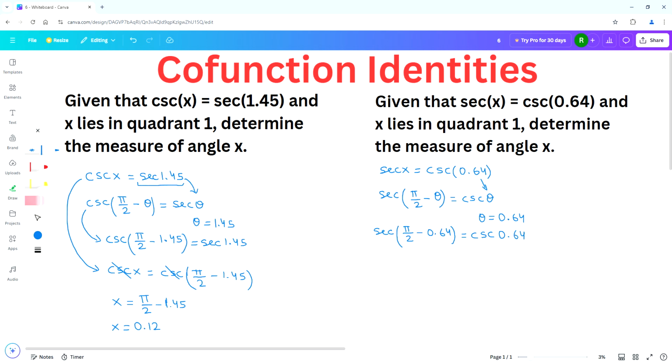As per this equation, cosecant of 0.64 is equal to secant pi over 2 minus 0.64. Now we can do the substitution for cosecant 0.64 in the given equation.